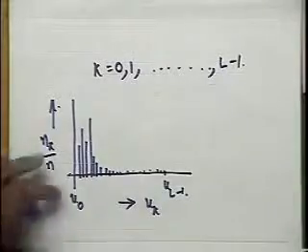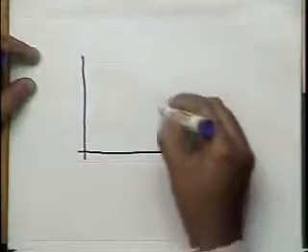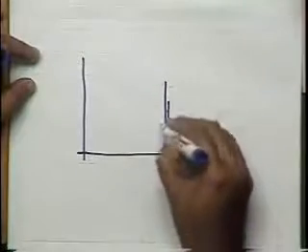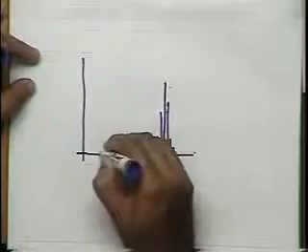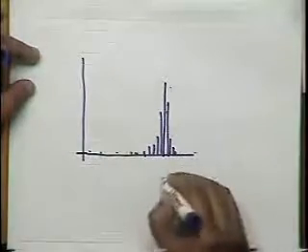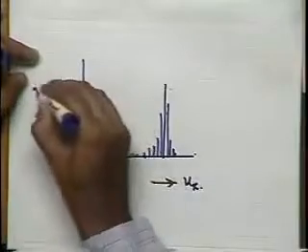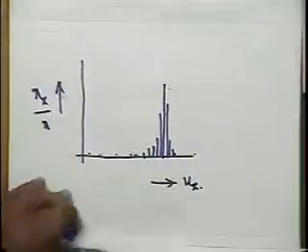Or the histogram may look something like this, depends on the image. For some images we may get the histogram of this nature. This is uk, this is nk by n, or we may get the histogram possibly of this nature.